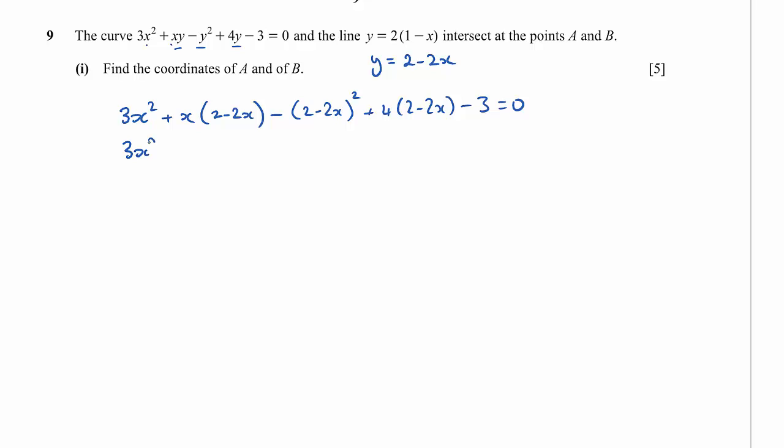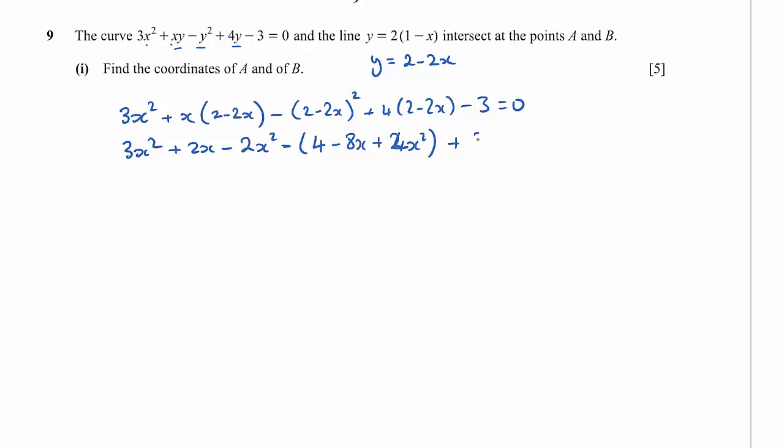So that's 3x squared plus 2x minus 2x squared. Now, we've got to do a squared bracket here. You can go off to the side and do the working for this. It's going to be 4 minus 8x plus 4x squared.